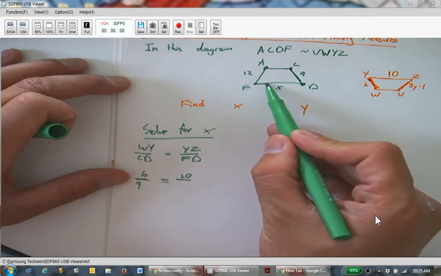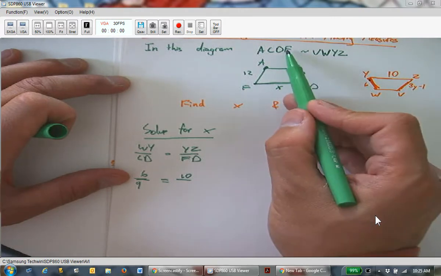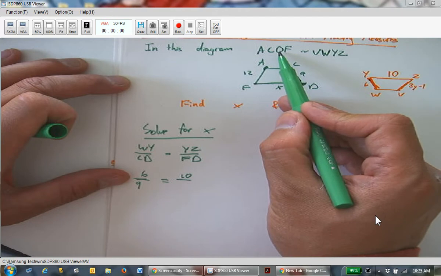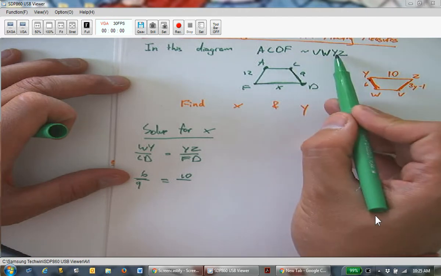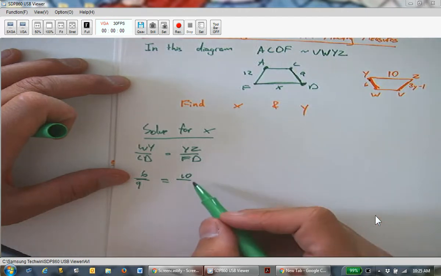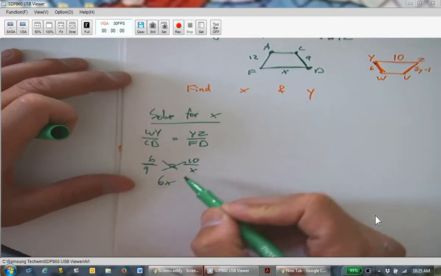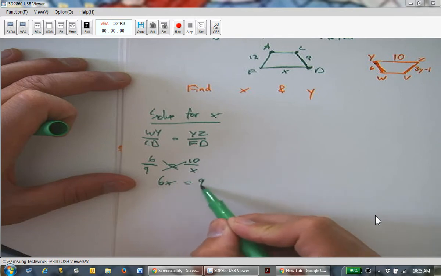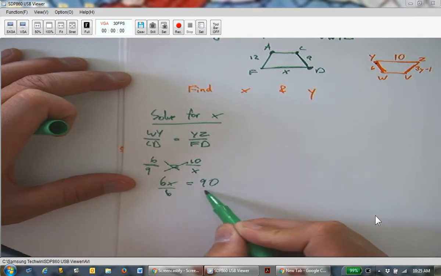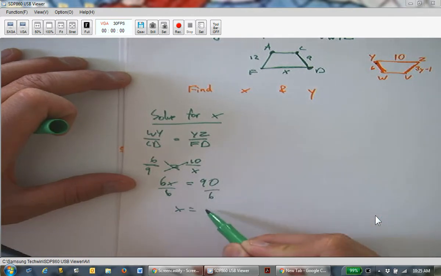That is correct. F to D or D to F is the same thing as Y to Z or Z to Y, okay? You cross multiply, then you have 6x is equal to 90, and you divide both sides by 6, and you get 15. Okay, very good.